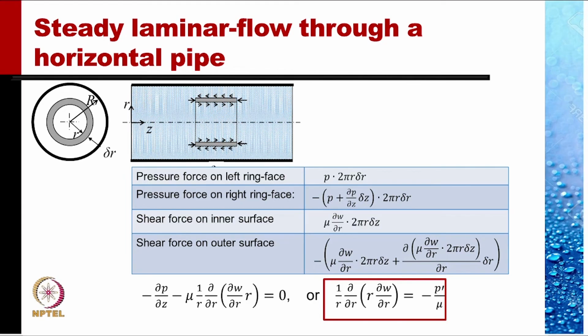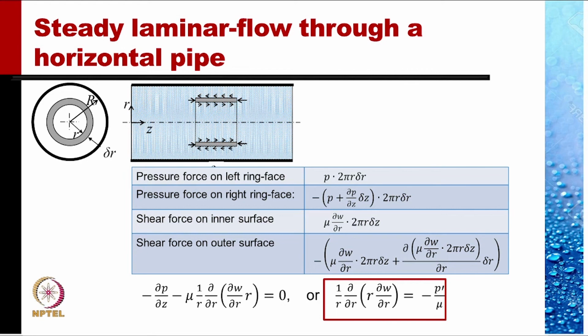Now, since the velocity does not change in the fully developed part of the flow through a pipe, there is no acceleration of the fluid. The velocities at any location z are the same, so there is no acceleration, convective acceleration as well as the temporal acceleration, del w by del t.